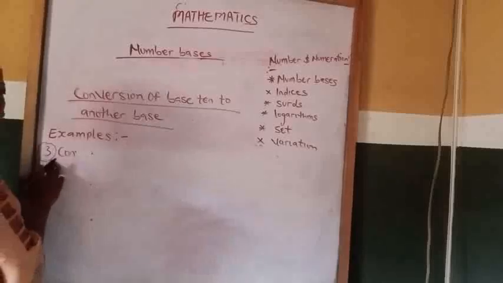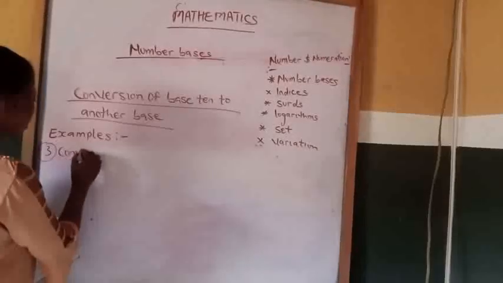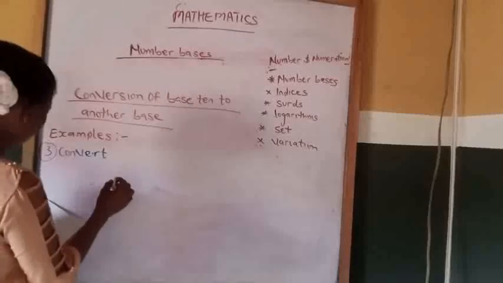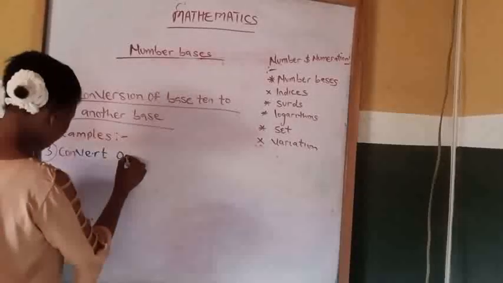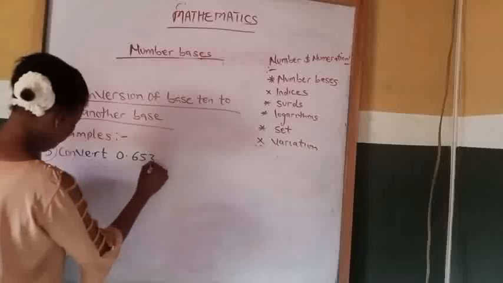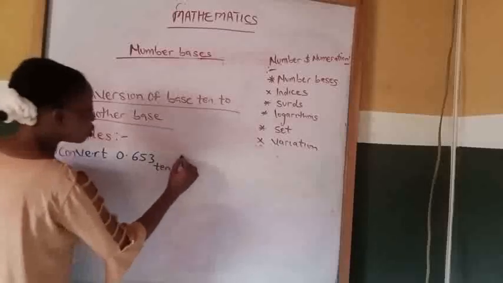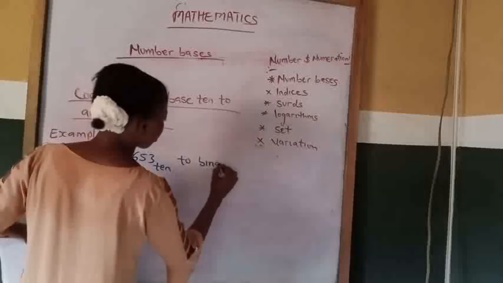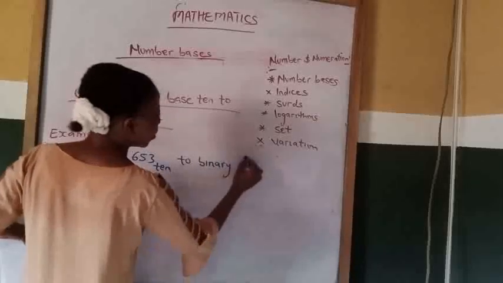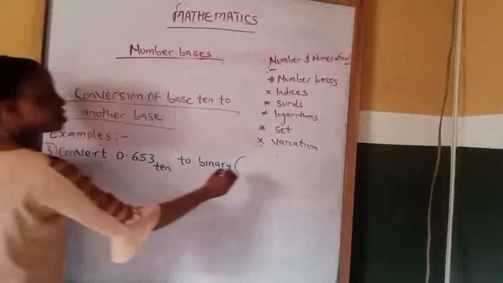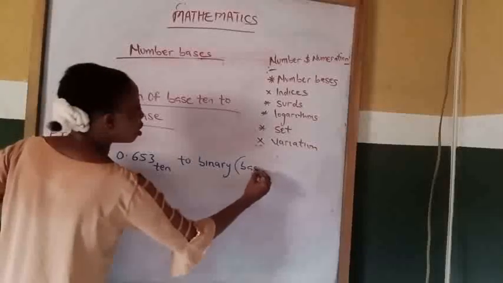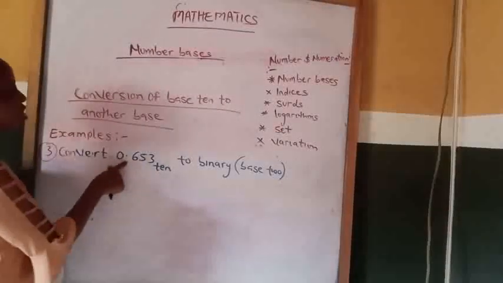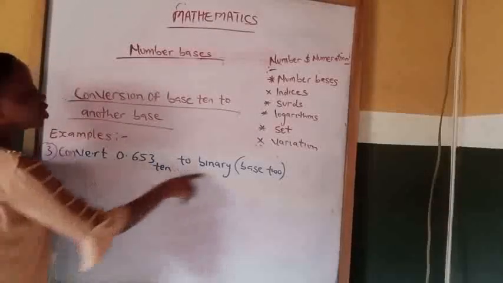Convert 0.653 base 10 to binary. Then binary means base 2. So we are converting 0.653 base 10 to base 2.